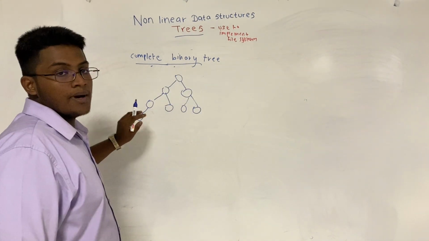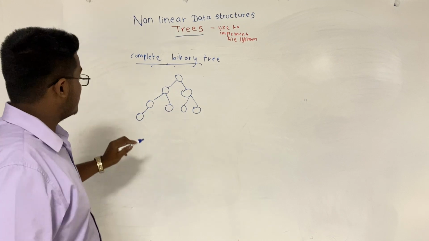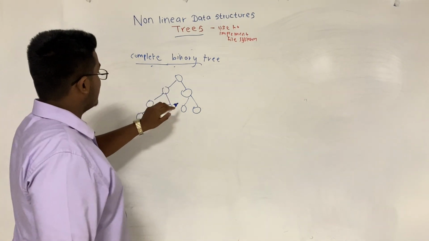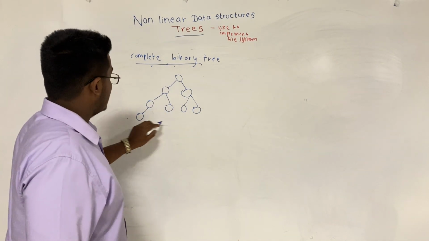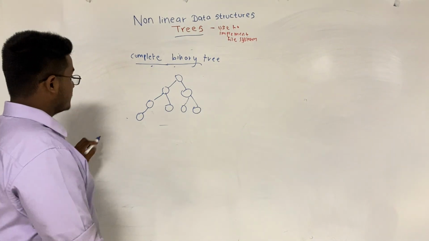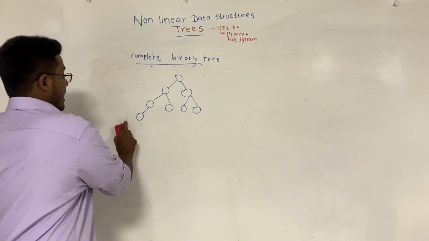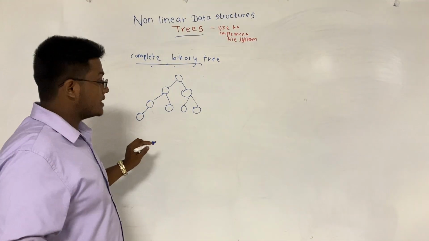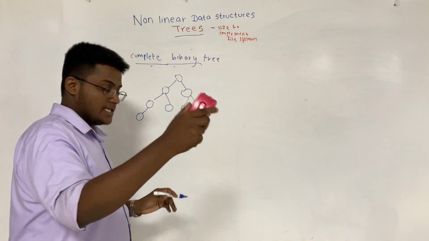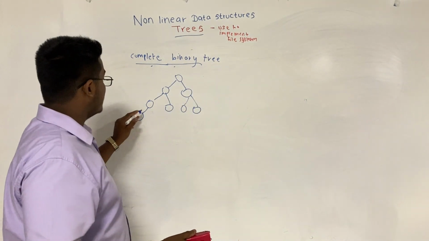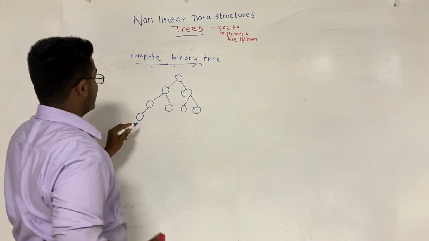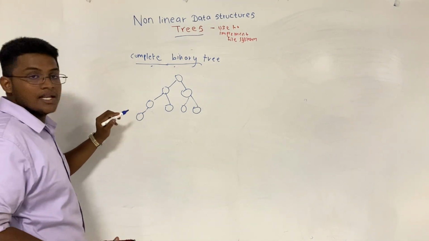This is a complete binary tree, right? You can see all levels are filled except the last leaf nodes. I told you that there's a condition, it must be filled from the leftmost side, right? So this node is on the left.